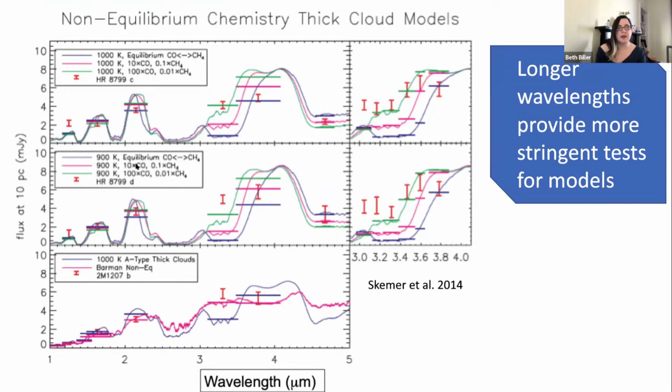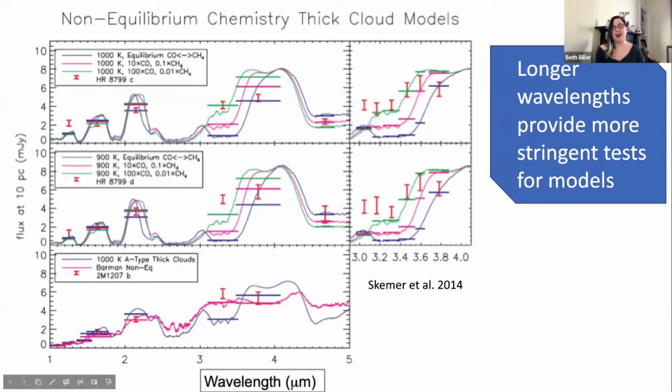The key thing here is that if you look at the model predictions at shorter wavelengths, there's not a lot of variation between these different models that have rather different physics in them. If you move to longer wavelengths, you can distinguish between these models in a lot more detail, especially if you can do spectrophotometry or spectroscopy and really get better wavelength sampling. You can select between these different models much more effectively at longer wavelengths than at shorter wavelengths.